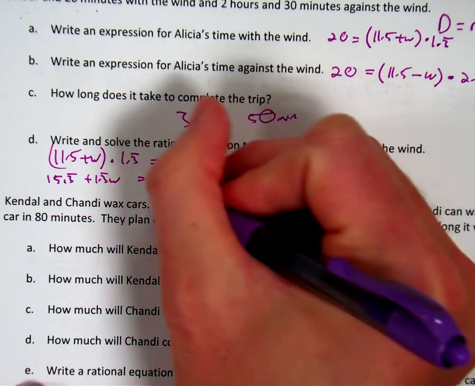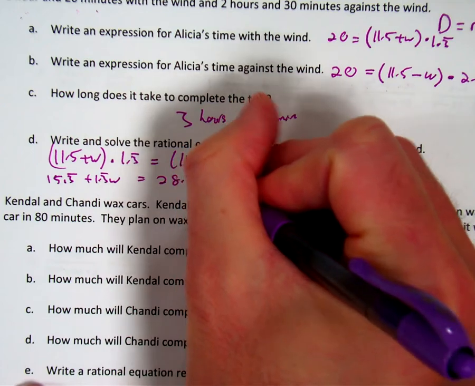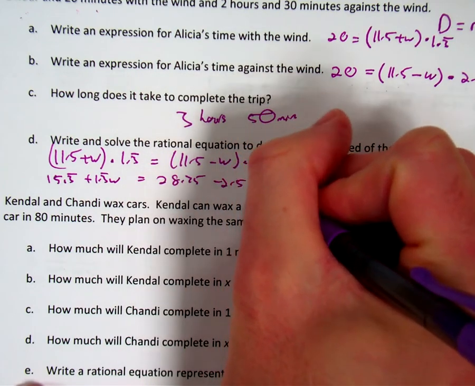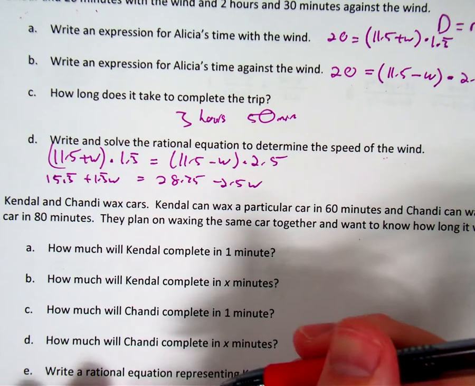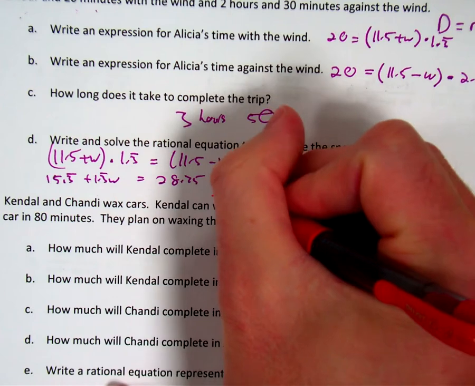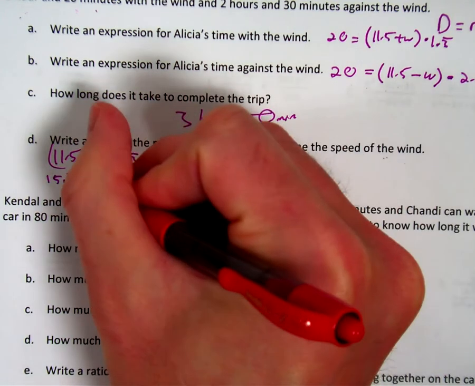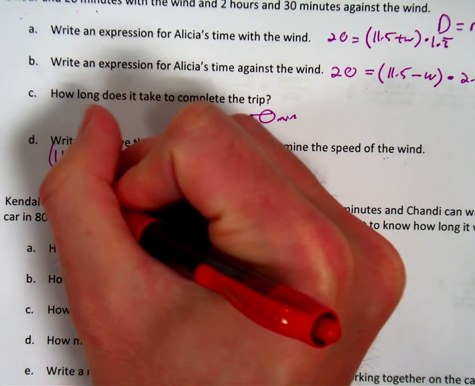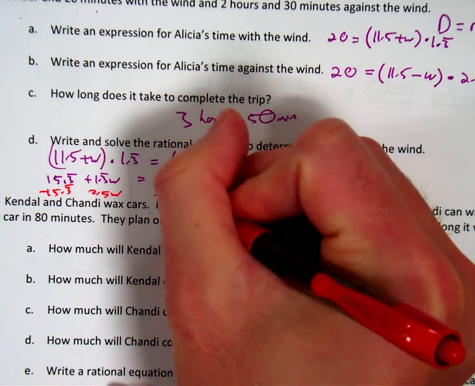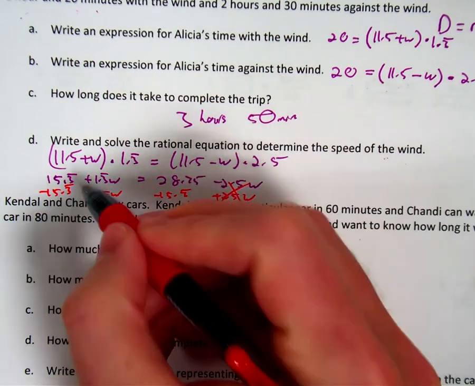Over here we have 28.75 minus 2.5W. Okay, I like to keep things positive, so we're going to add the 2.5W to both sides. And we're going to subtract this 15.3 repeating. Alright, so this is where it's going to get a little ugly.